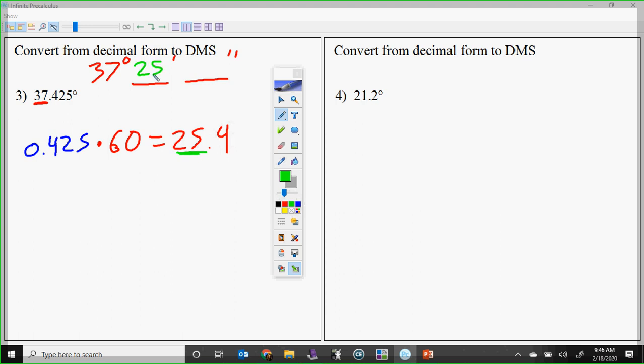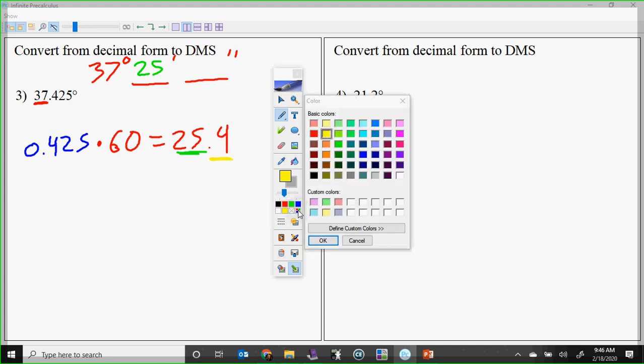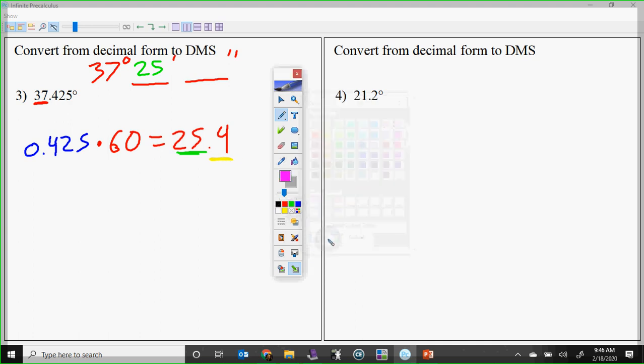So my 25 is going to go there. There's my minutes. But I still have that 0.4 left over. I will take that 0.4. So now I have 0.4 minutes. Well, how many seconds is 0.4 minutes? Well, I just multiply it by 60. And actually, if you're doing this along with me, you might be yelling at me because I actually wrote that down wrong, didn't I?